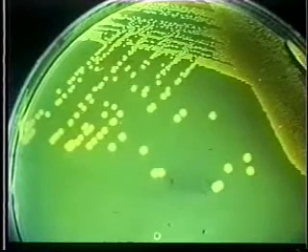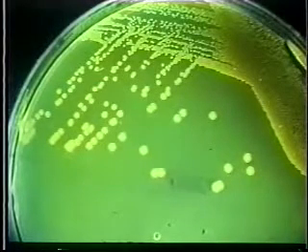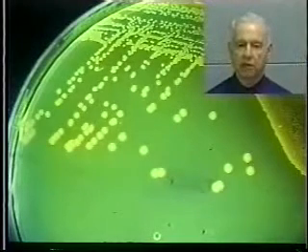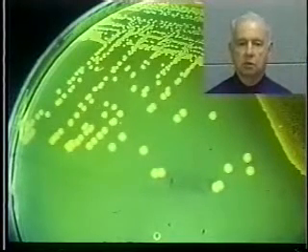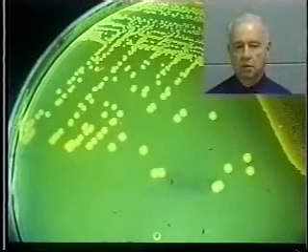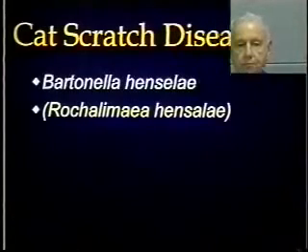This may be a septicemic disease in humans, in which case we can culture the blood and then subculture this onto solid medium, as is shown in this slide, and then characterize the isolates by various means in the laboratory.